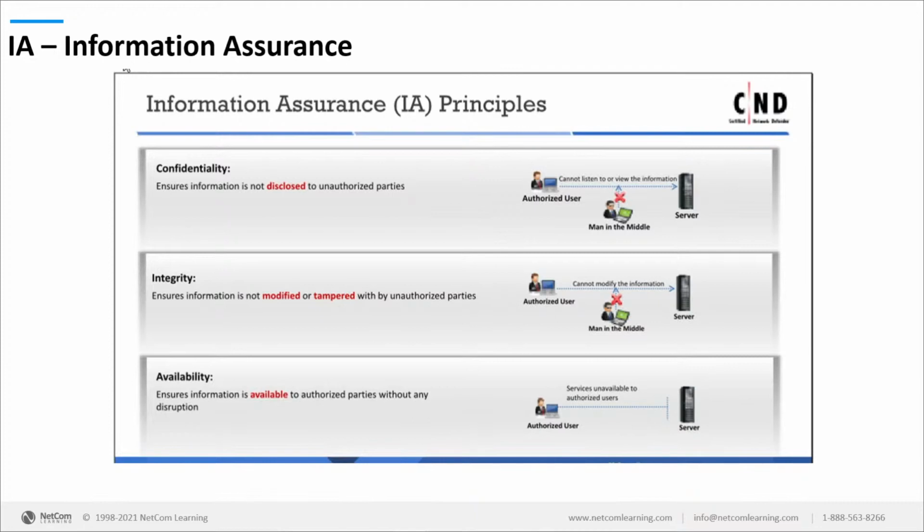One way that confidentiality is exploited is through eavesdropping. Somebody's listening in on the conversation, or somebody is man in the middle in the conversation. So we need to make every effort we can to make sure that our communication is confidential.